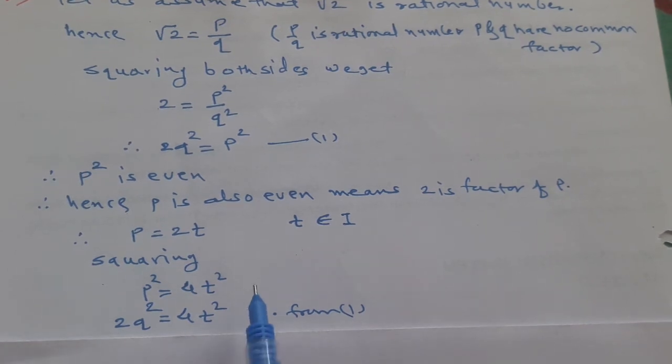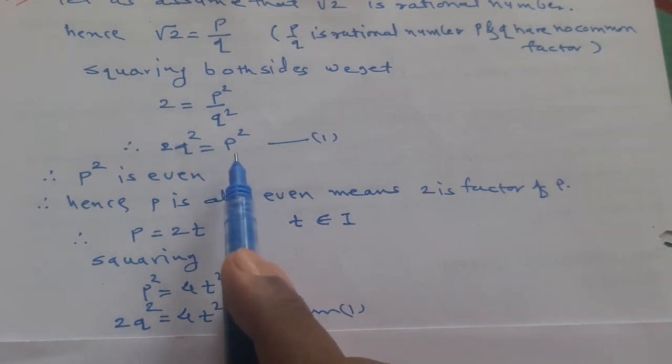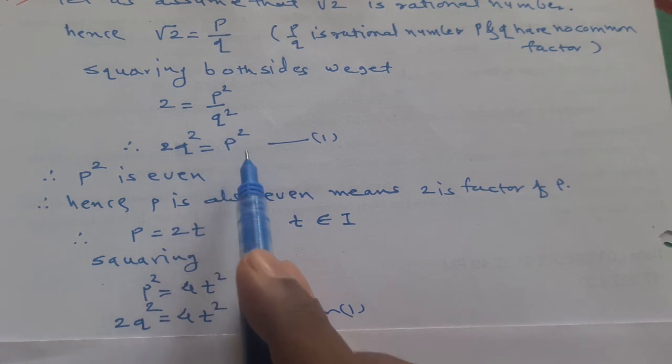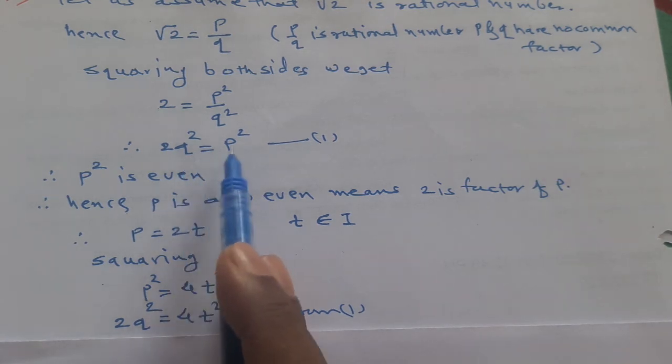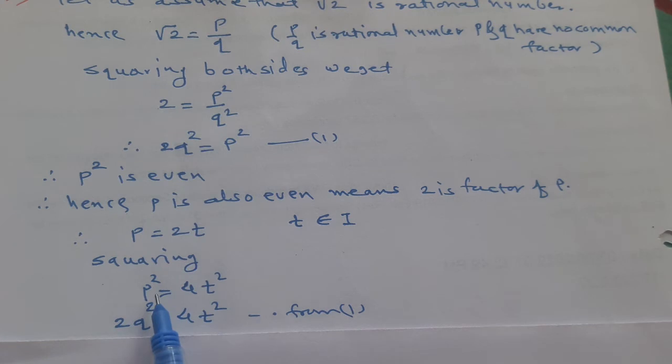Then from 1 we know that 2Q square equals P square. Putting the value of P square, we get 2Q square equal to 4T square.